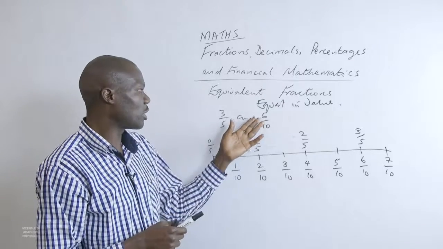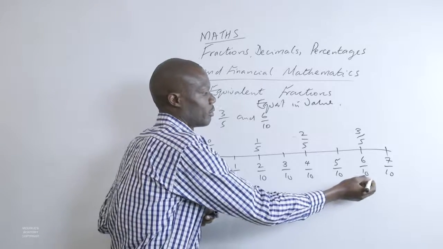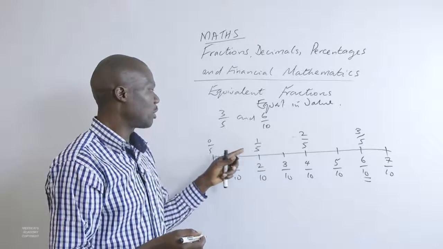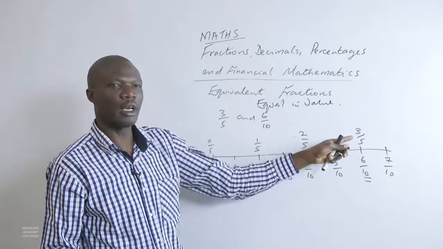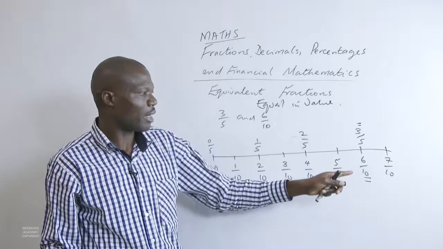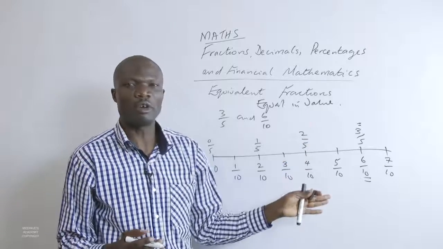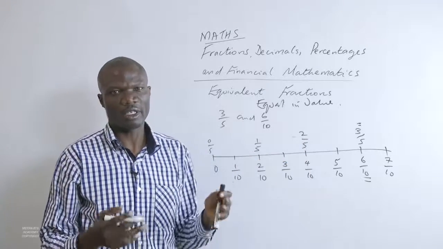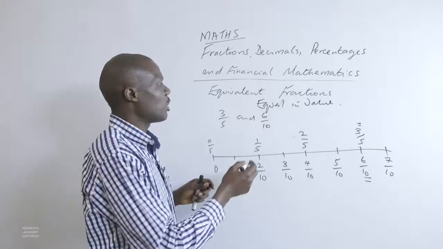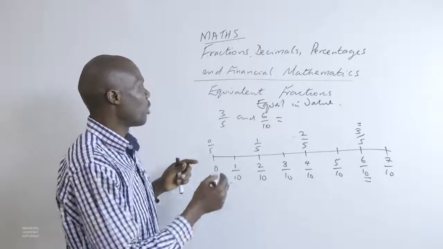The position of 6/10 is somewhere here, and the position of 3/5 is here. So you notice that 3/5 and 6/10 simply means an equivalent of the other. It is the same, or it is a fraction that carries the same weight. This can also be seen when you simplify.